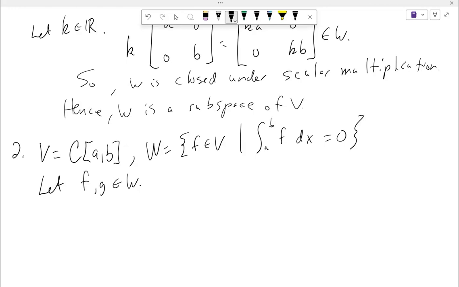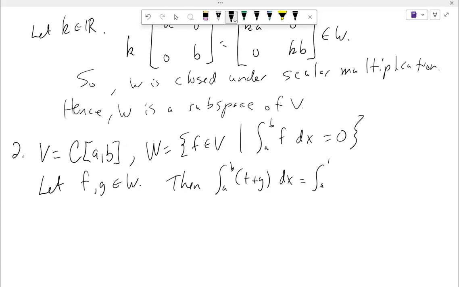That's an important part. If the 2 things are in there. All right. So again, to show that f plus g is in W, we need to say something about the integral of f plus g, right? But what do you know about integrals and sums? How do integrals behave with respect to sums? You can split it up.